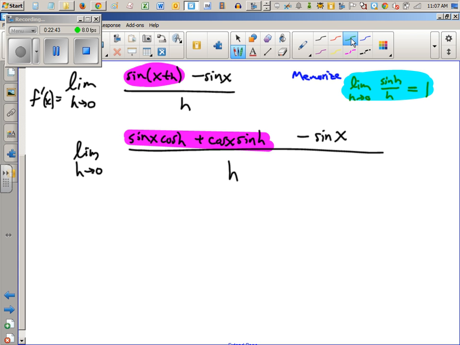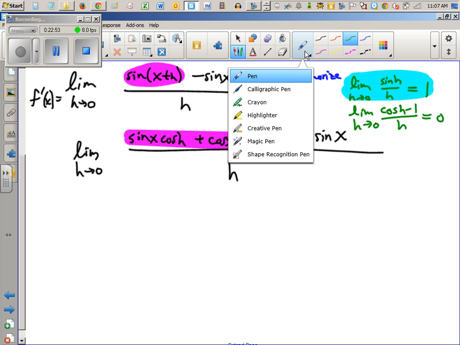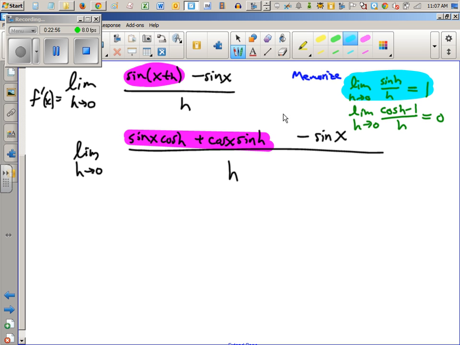And the other one is this one, limit as h goes to 0 of cos h minus 1 over h. This is 0. I think I had you memorize this one too. Can you guys remind me? Both of these are special limits. Everybody just memorizes them. They're actually a little bit hard to understand, but they will help us on this problem.